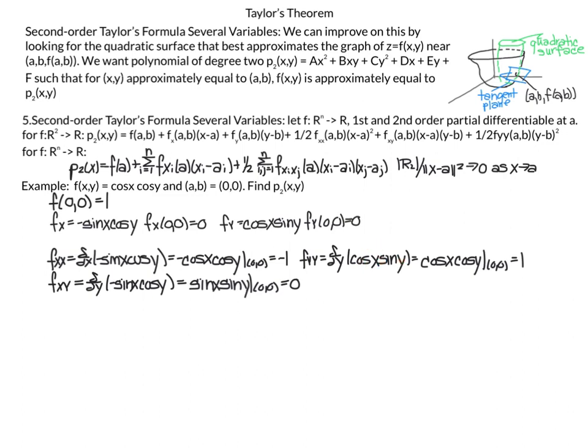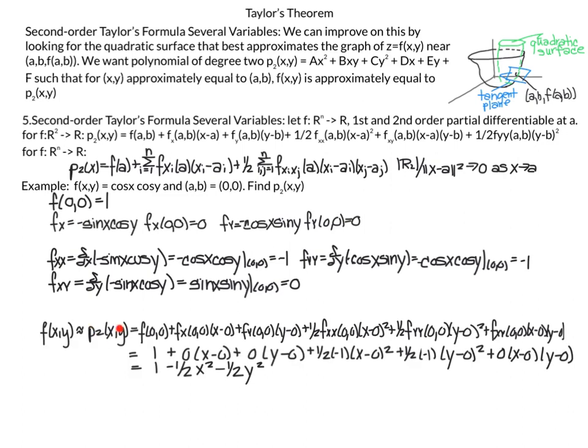So now cosine x is considered a constant. Derivative of sine y is cosine y. Evaluated at (0, 0), this will give us 1. Then last we have f_xy, which is the derivative with respect to y of f_x, which is the derivative with respect to y of minus sine x cosine y. So now our minus sine x is considered a constant. Derivative of cosine y is negative sine y, so we get sine x sine y. Evaluated at (0, 0) equals 0.